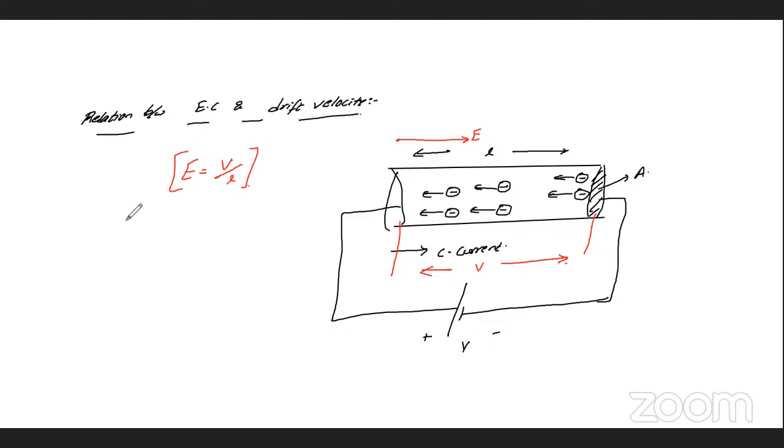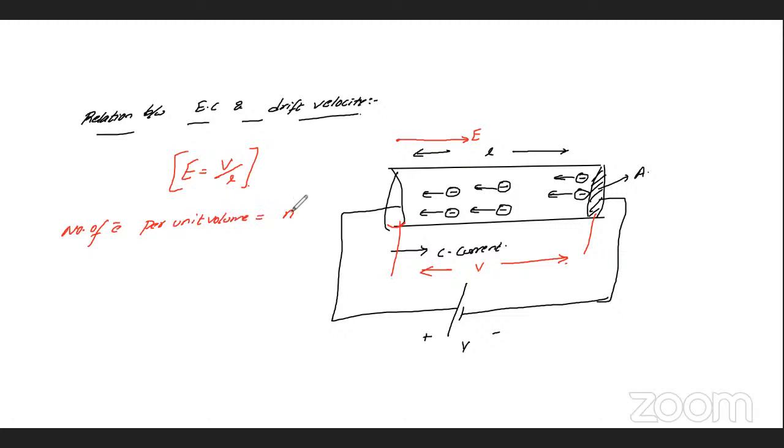Now, in this volume of the conductor, n number of electrons are traveling per unit volume.